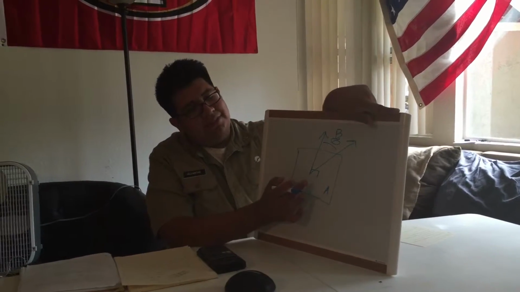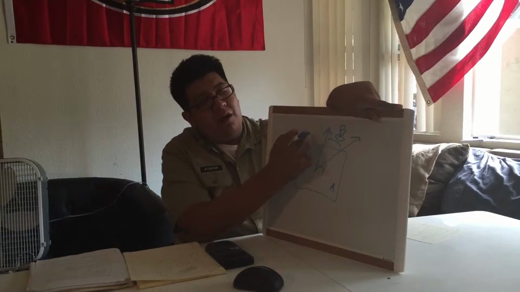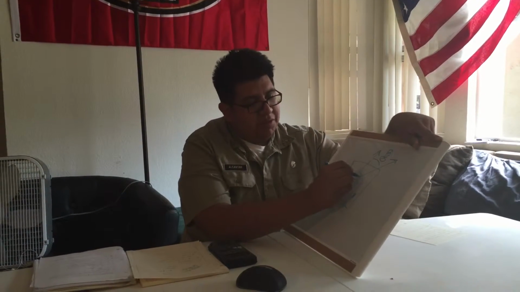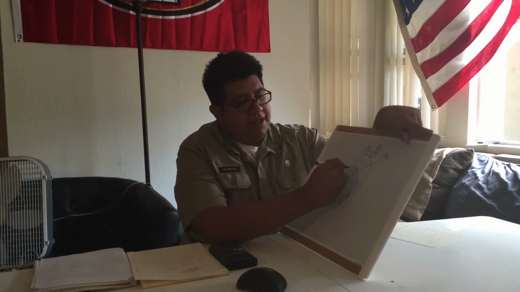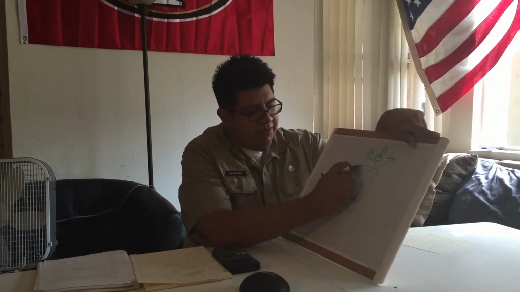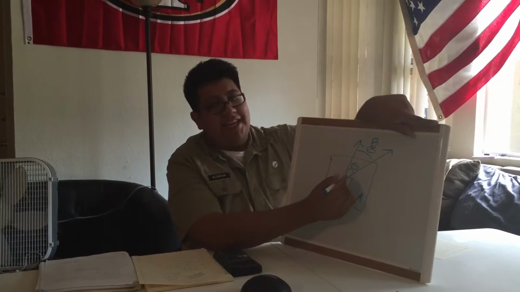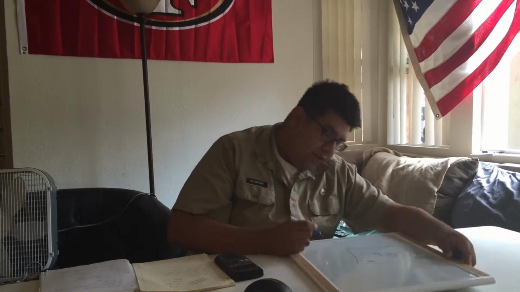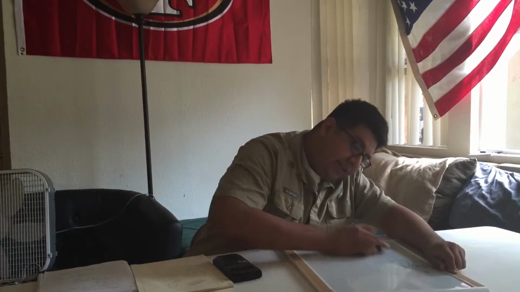Sometimes, in a perfect world, we're not going to have B always perpendicular to our area. So then you would do the cosine of that theta times your B. Now we're going to go over the units for magnetic flux.